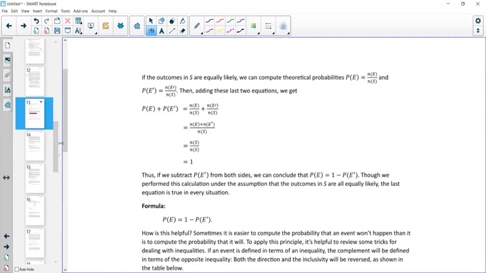Then adding these last two equations, we get the probability of E plus the probability of E complement equaling 1. Thus, if we subtract the probability of E complement from both sides, we can conclude the probability of E is equal to 1 minus the probability of E complement.